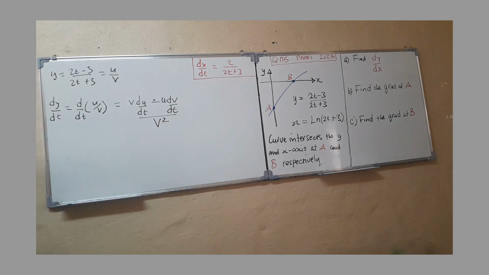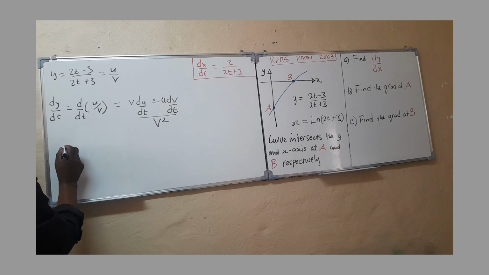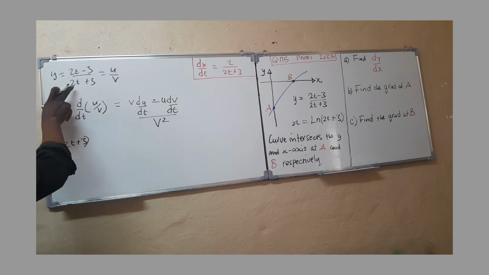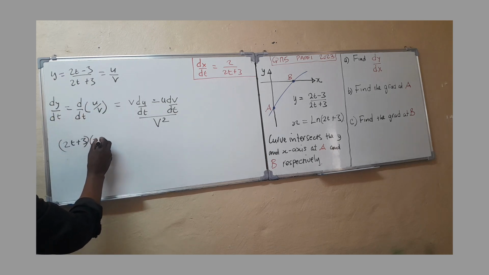That's the quotient rule. Let's plug in the values. What is our v? Our v, of course, is 2t plus 3. So (2t plus 3) in brackets multiplied by du/dt, which is just 2.